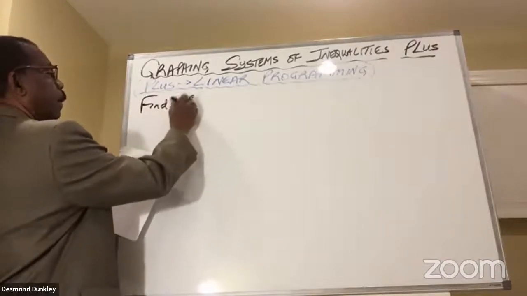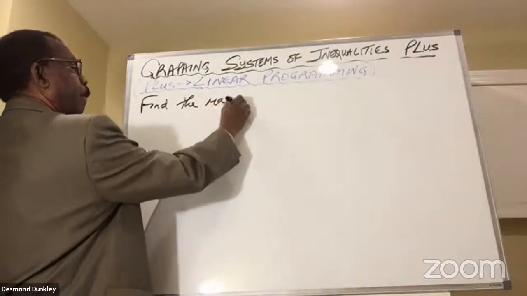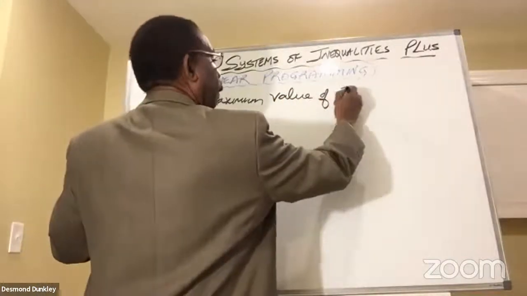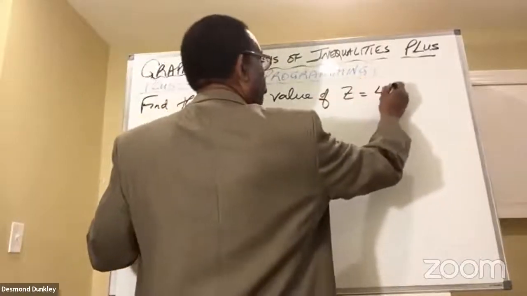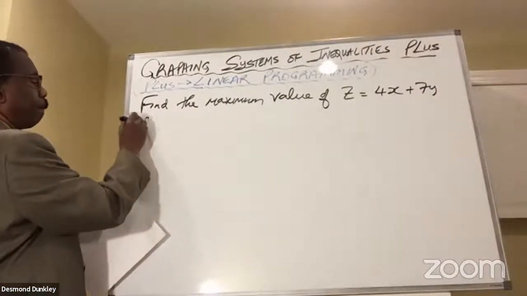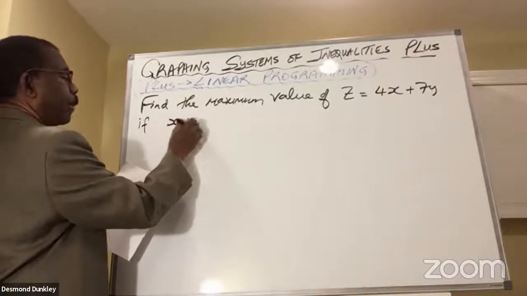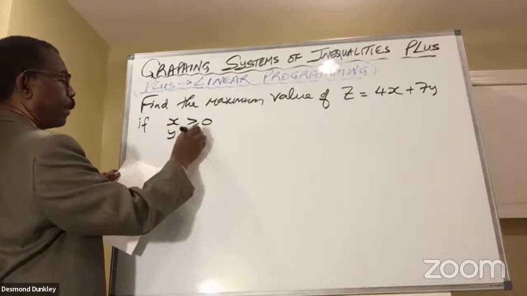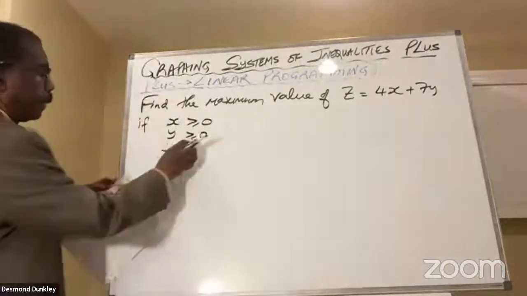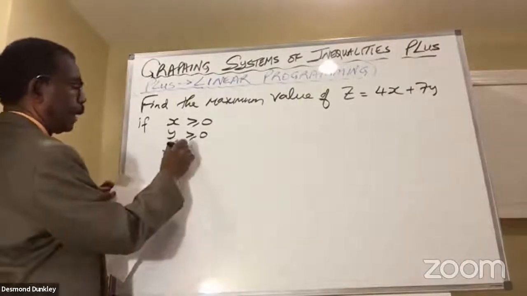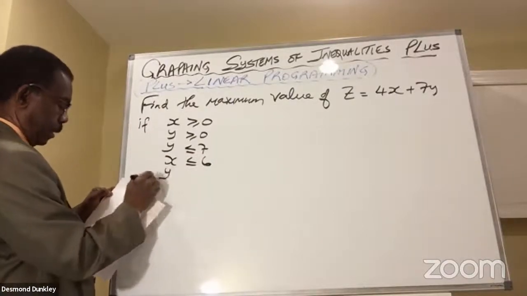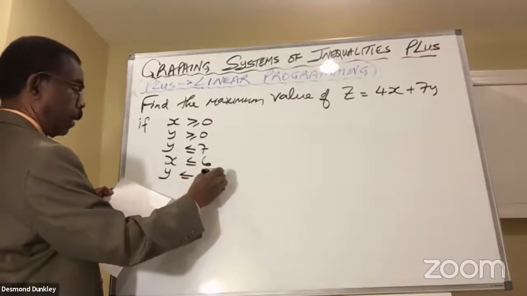Find the maximum value of z for the first plus 7y if x must be greater than or equal to 0, y must be greater than or equal to 0, y must be less than or equal to 7, x must be less than or equal to 6, and y must be less than or equal to negative x plus 9.